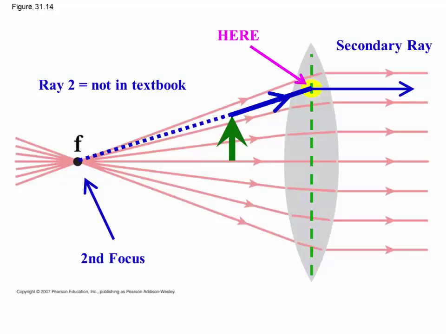So here I've hacked a picture from the textbook to show how that works. Light that comes from the secondary focus, the one on the object side, when it hits the lens, it comes out parallel. I've shown an object here in green, so you can see that you lay your straight edge from the secondary focus to the object until it hits the lens, and then from the lens it comes out parallel.